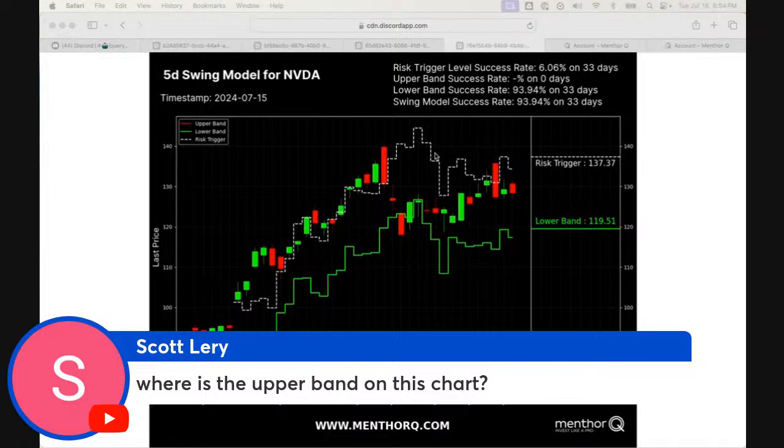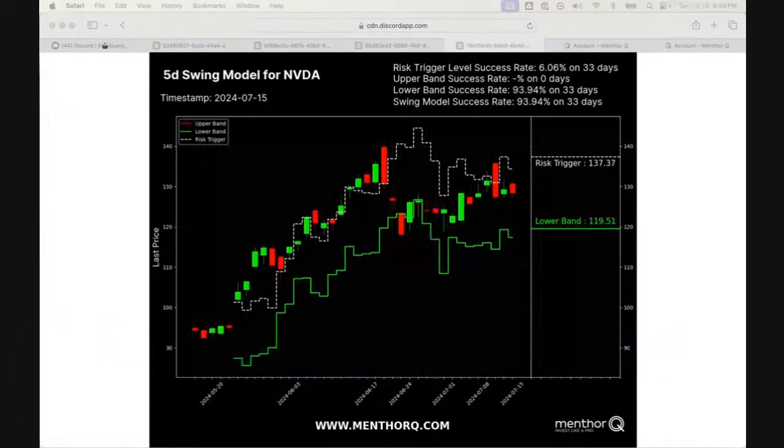So it's always been a trending environment for Nvidia. I would think of the risk trigger almost like a profit target, or the ultimate destination where it could go, or where it probably shouldn't go.